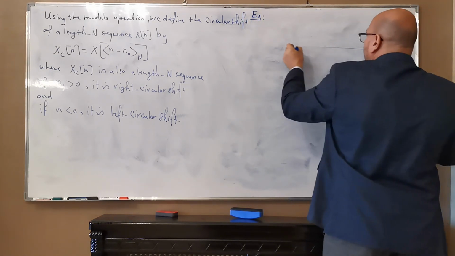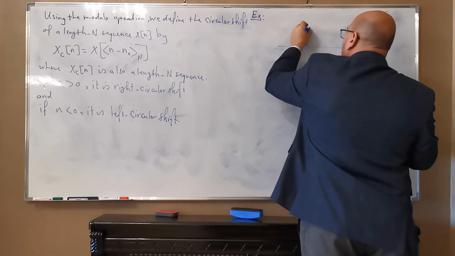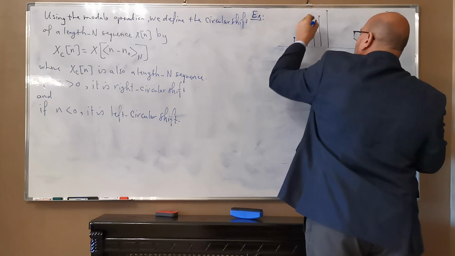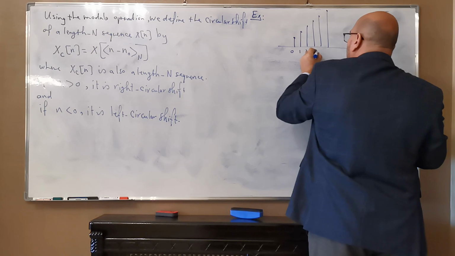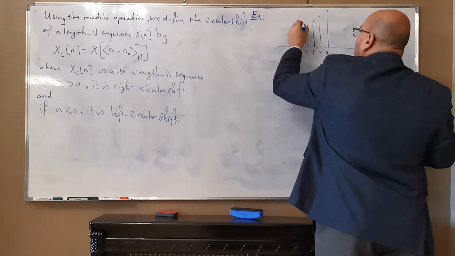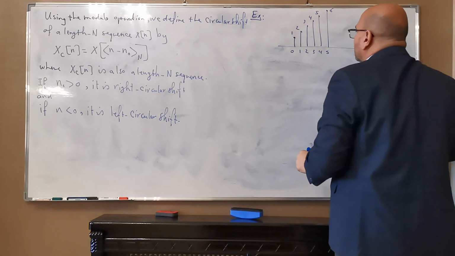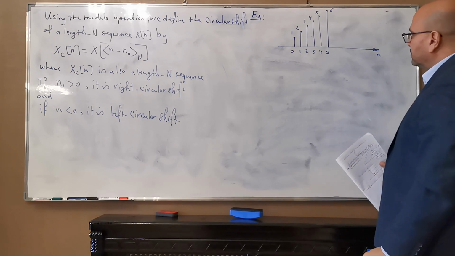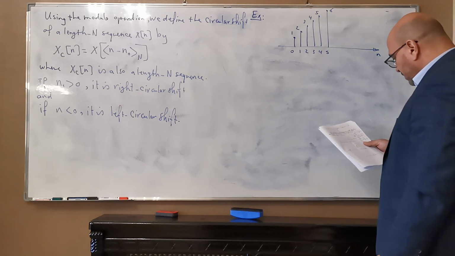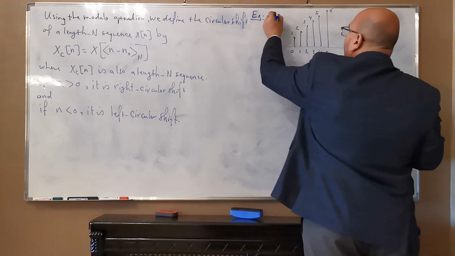I'm going to have a signal with n from 0, 1, 2, 3, 4, and 5. So you have this 6-element sequence, starting from 0 up to 5. So this is my x of n.